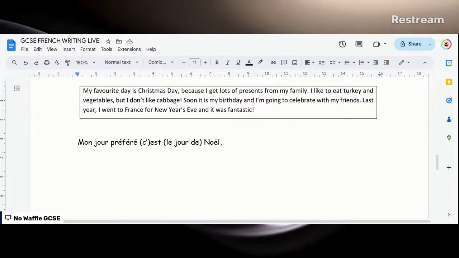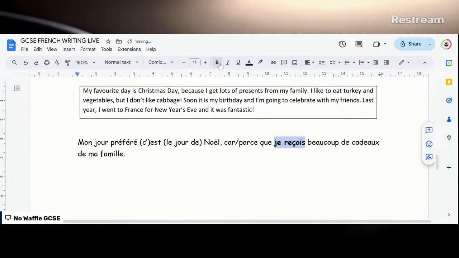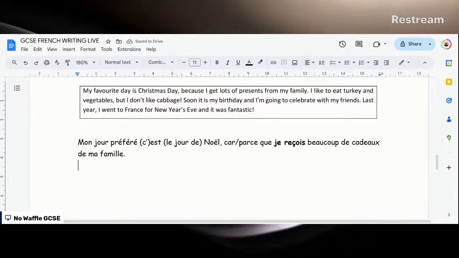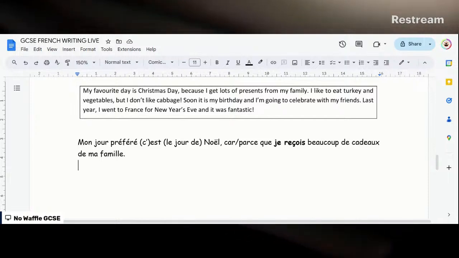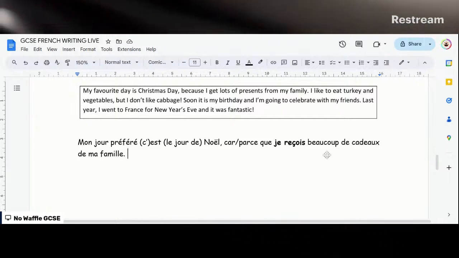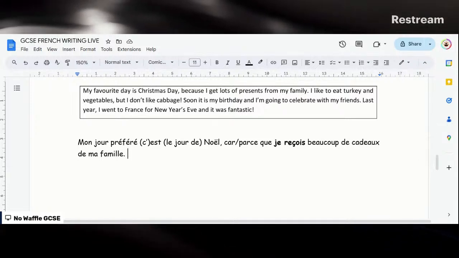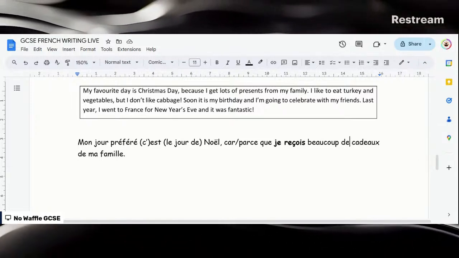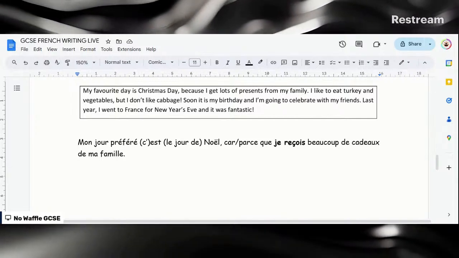So receive, I receive is a useful one to remember, because obviously it's got that interesting accent on the C. And cadeau, it should probably be, let me check, because cadeau is obviously going to be plural.